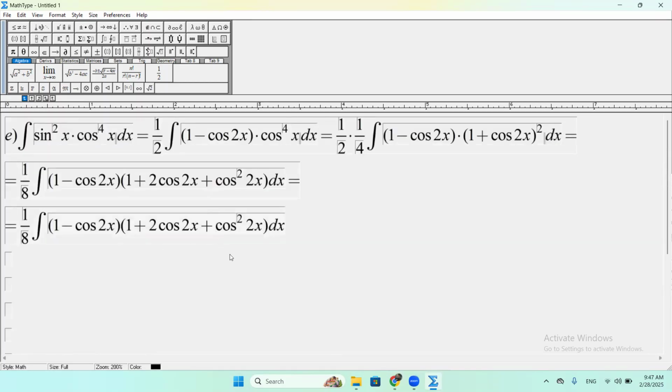So plus 1 over 2 plus 1 over 2 cosine of 4x. Okay, and then let's also take 1 over 2 out of the brackets, so it will be easier for us.